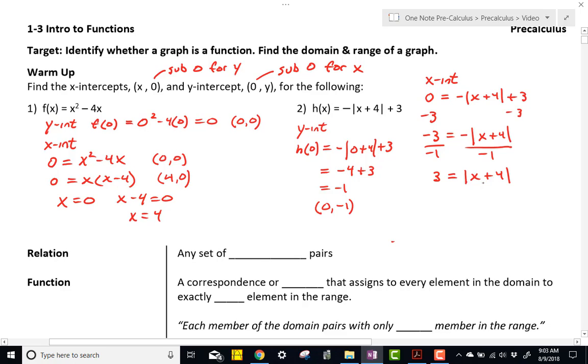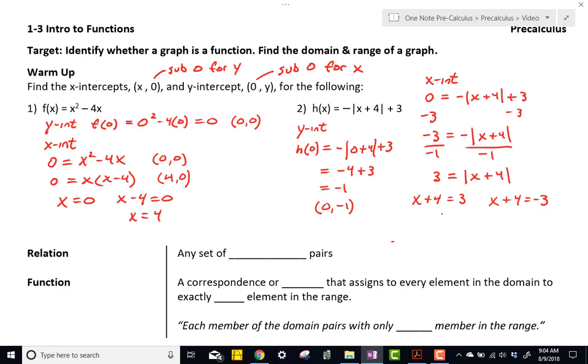So it's kind of like when we factor and solve a parabola, but in this case, what we're going to end up with here is x plus 4 equals positive 3, and x plus 4 equals negative 3.